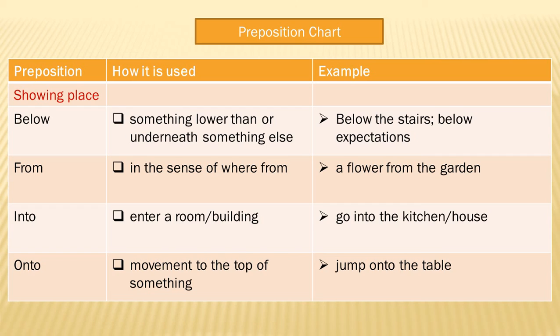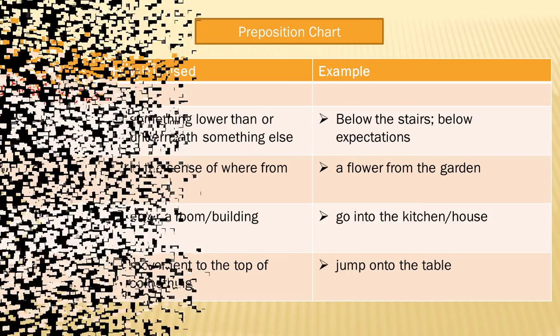He is from America. Into, enter a room or building, go into the kitchen or house. Onto, movement to the top of something. These prepositions have already been discussed at the very beginning, showing a diagram. Onto, movement to the top of something, jump onto the table. Onto is a very rare use of preposition. We use it very less.